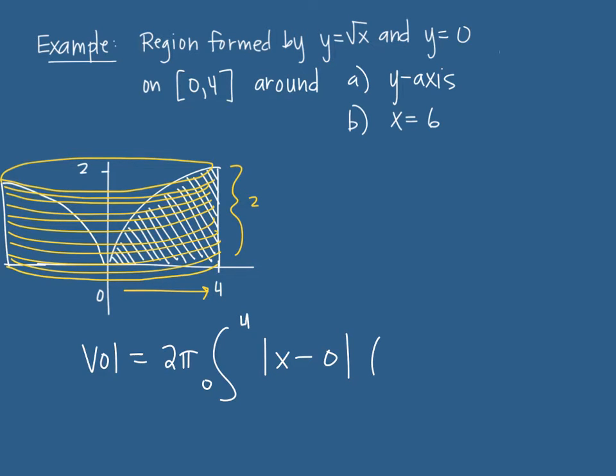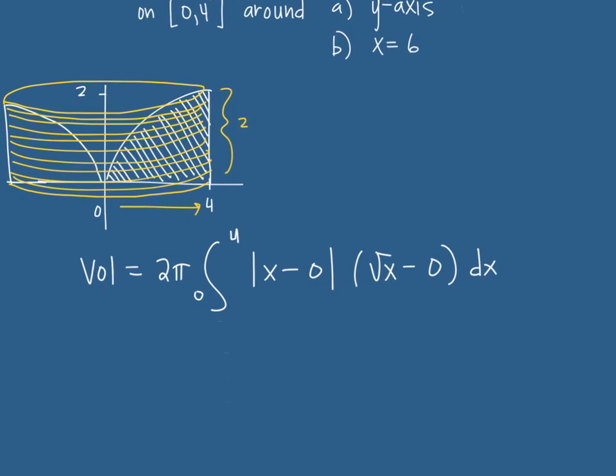Then, in parentheses, the upper edge of the original region, which was formed by the square root of x, minus the lower edge of the original region, which was 0, dx. That's the setup, and then you do cleanup. So this is part A of the question.